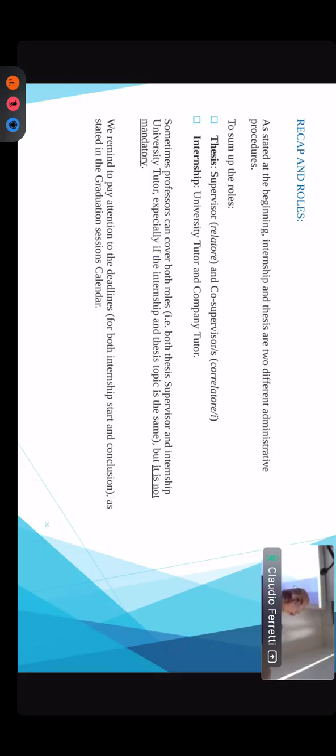Remember that credits will be recognized only if you follow all the requirements and procedures. You cannot ask for help when ready to graduate if you missed some formal step.